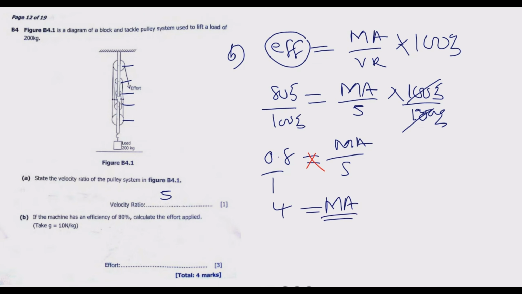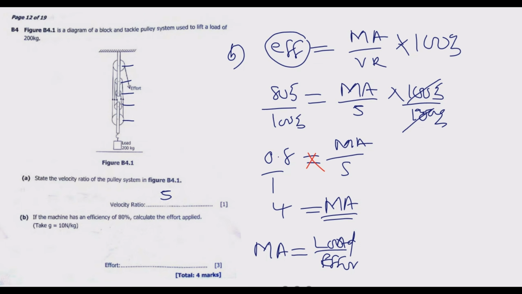Now we know that mechanical advantage is given by the load over effort. We need to find the effort, since the load is 200 kg. We can just use kg, because they are all multiplied by the gravitational field strength to convert to force, so it will not have any impact.